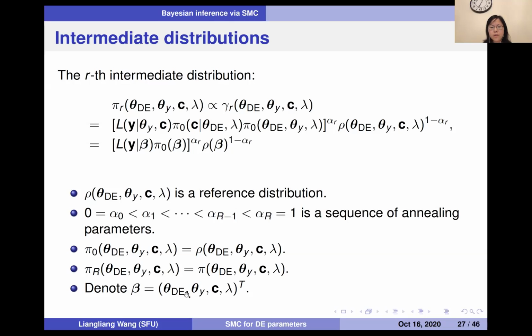In the following description, I'm going to simplify the notation by introducing this bold beta to denote all the parameters, including theta de, theta y, c, and lambda.